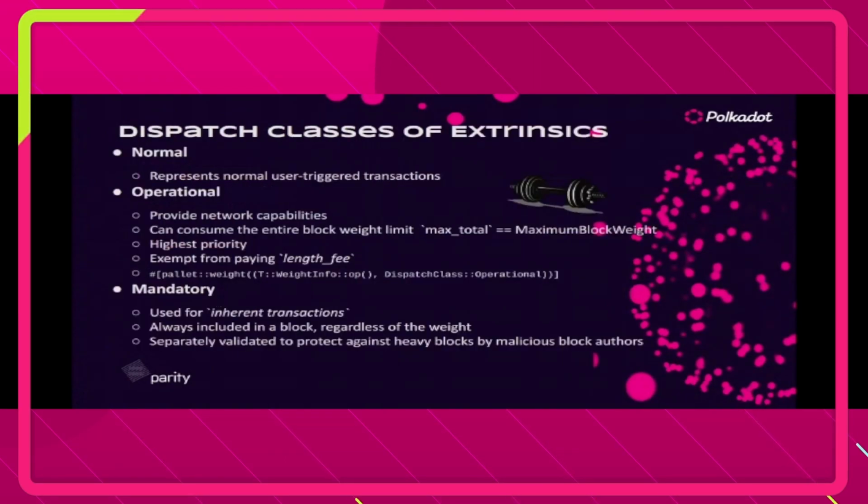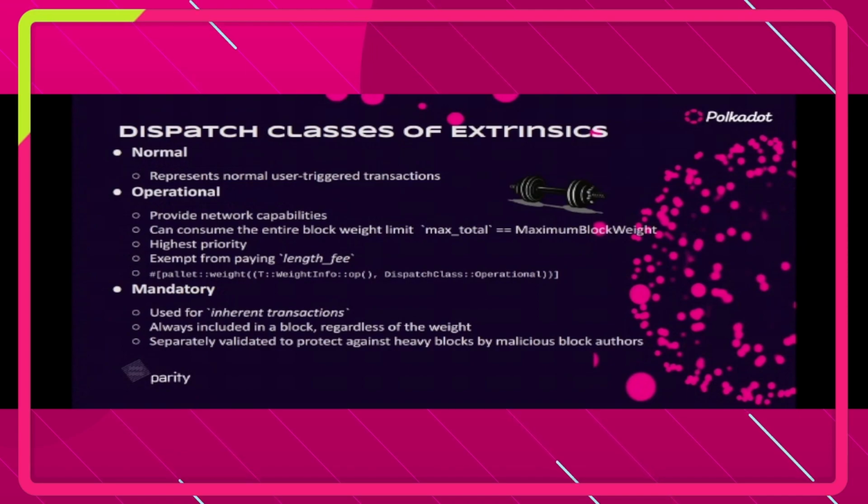Right here you can see these are the three dispatch classes, and there are some interesting points here. For example, you would use operational dispatch classes for something that is very essential to how your blockchain network functions. It has some special rules: it's exempt from paying length fees, so no transaction byte fee there, and it is given higher priority, so it can take up the entire block weight, or the entire block, if you will.